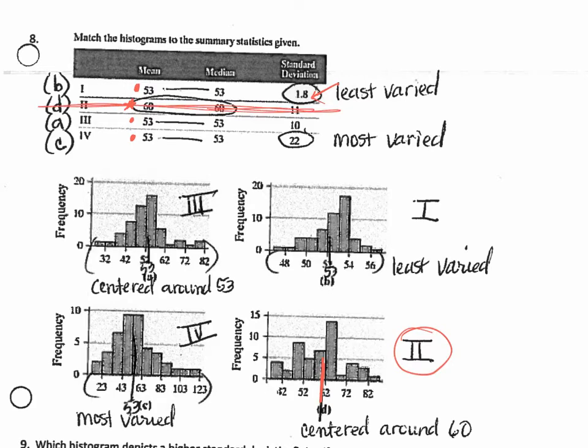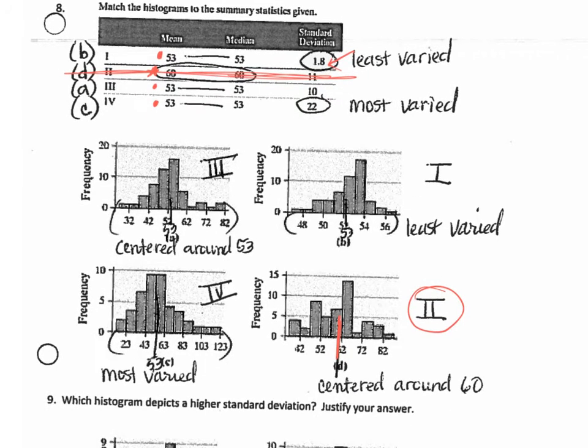Standard deviations being least. Okay, so let me tell you, there are 2 things you are looking at to determine standard deviation size. 1, the more closely clustered it is to the center, what does that make it? Smaller. Okay, so more closely clustered to the center, that's a smaller standard deviation. But you have to also consider the scale at the bottom.